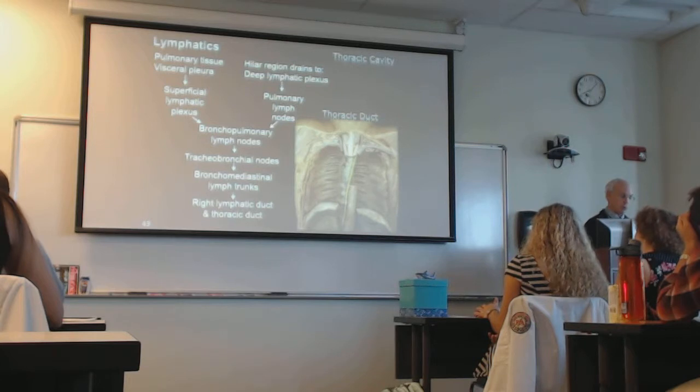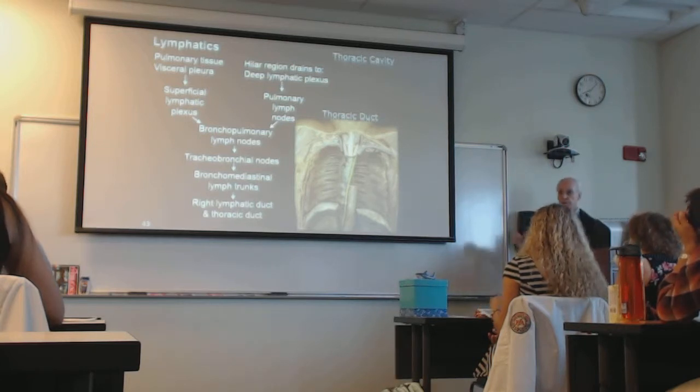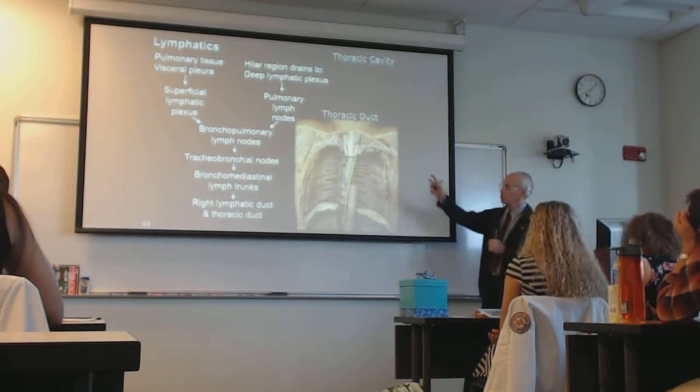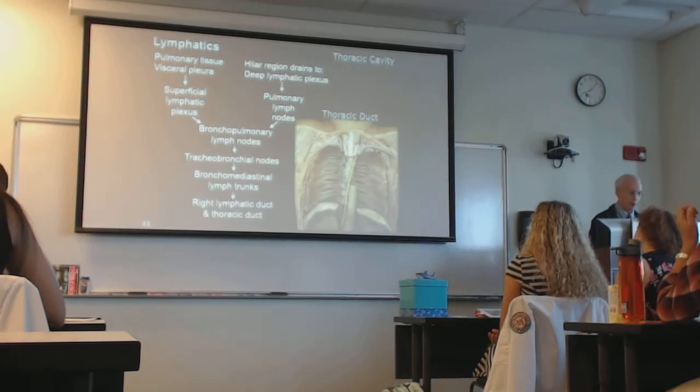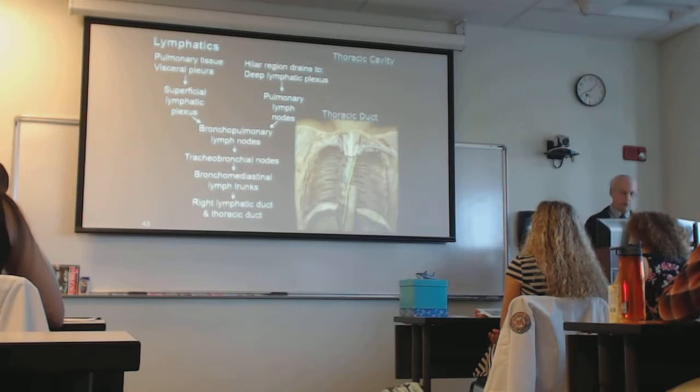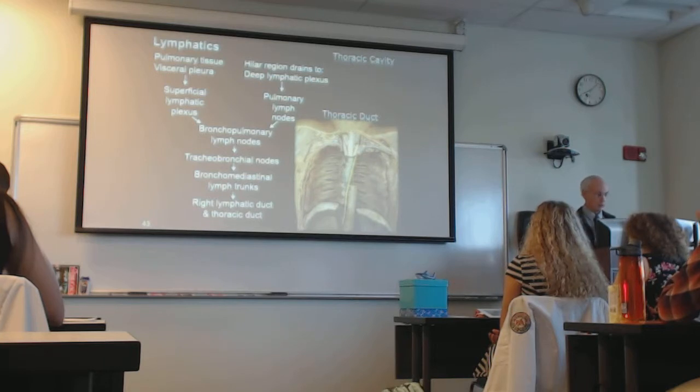The pulmonary tissue, depending upon whether we're talking about the region around the hilum or distal, deeper into the parenchyma of the lungs, has a slightly different drainage path. The pulmonary tissue drains into the superficial lymphatic plexus, the hilar region, remember that's the root of the lung, drains into these pulmonary lymph nodes, and then they converge into the bronchopulmonary nodes, the tracheobronchial nodes, but eventually it all ends up either in the right lymphatic duct or the thoracic duct.